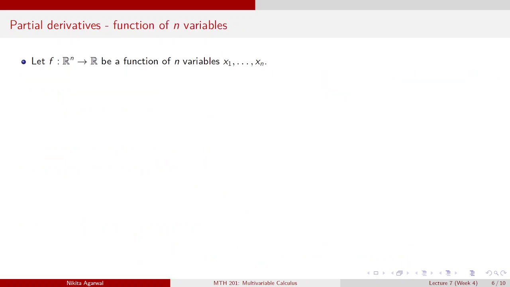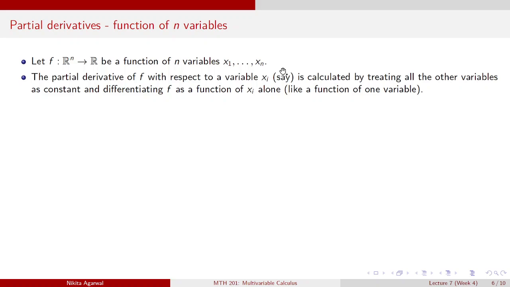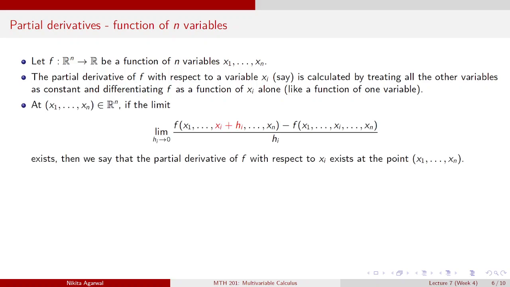So now you can generalize this idea to a function of more variables, not just two. So if you have a function of n variables x1 through xn, you call the partial derivative of f with respect to a variable xi the derivative obtained by treating all the other variables as constant and differentiating with respect to xi alone. So here I have put this xi plus hi in red just to catch your attention.